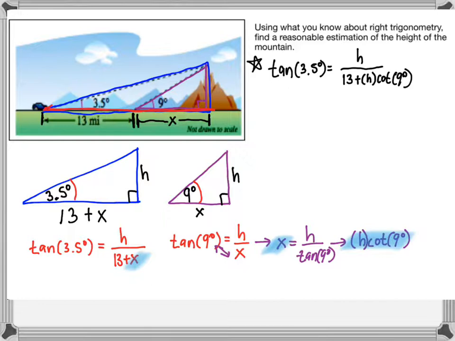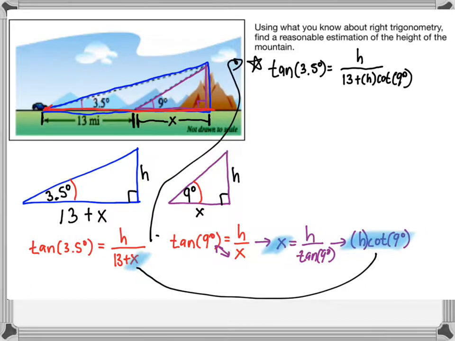Put this part in for X, and now we are right here. Now we're going to multiply each side by this denominator, so I move that denominator over to the left to achieve that.